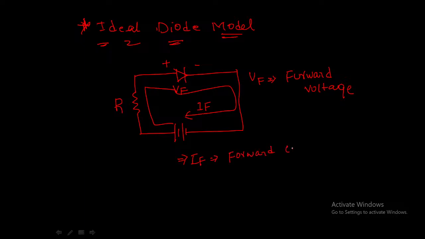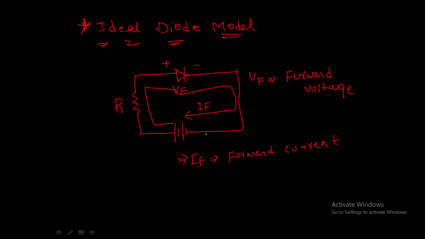So the diode is in forward bias condition, the current flowing through the diode is IF, and the voltage across this diode is VF.